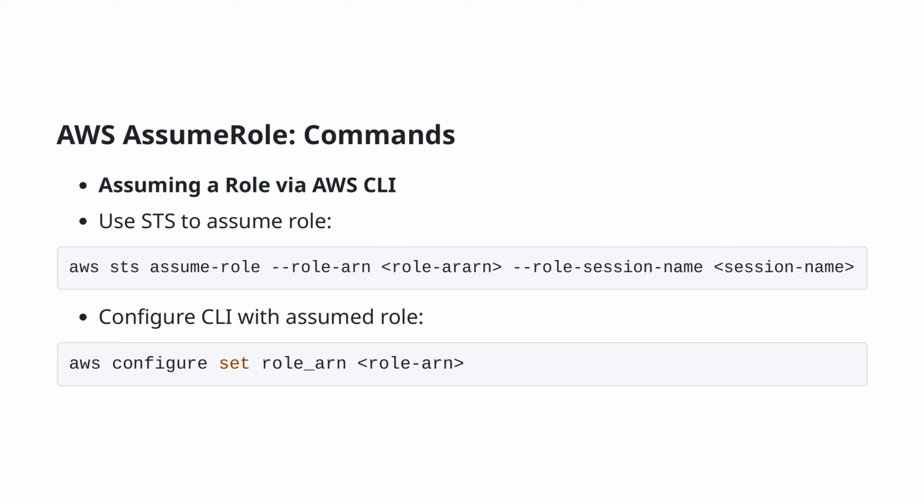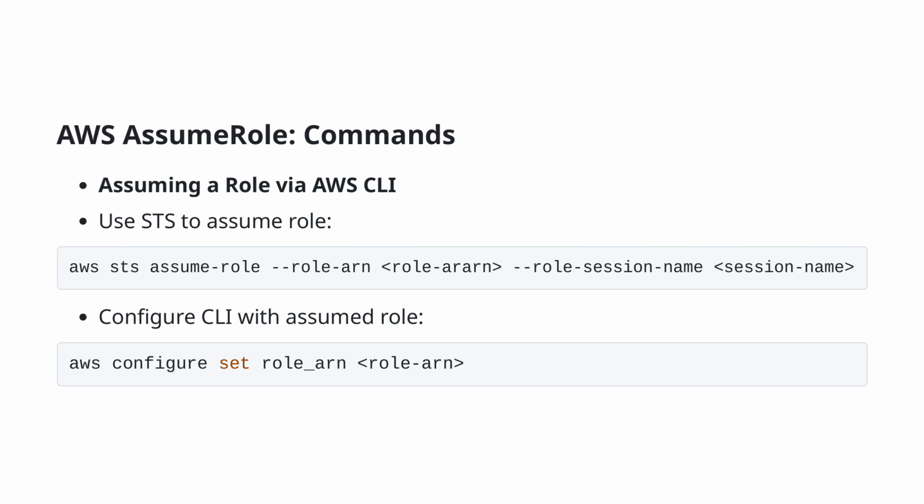In this slide, we focus on the practical aspect of using AWS AssumeRole with the AWS CLI. Here, we explore the crucial commands necessary to assume a role via the AWS command line interface. First, the command aws sts assume-role --role-arn --role-session-name is used to leverage the AWS Security Token Service in assuming a role. This command is vital for generating temporary, time-limited credentials, allowing you to access AWS resources securely.